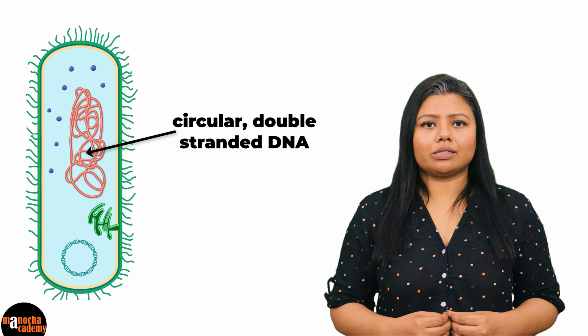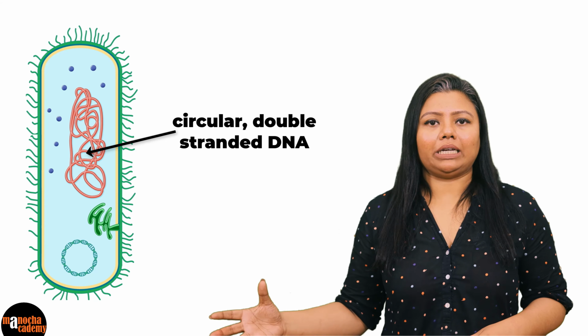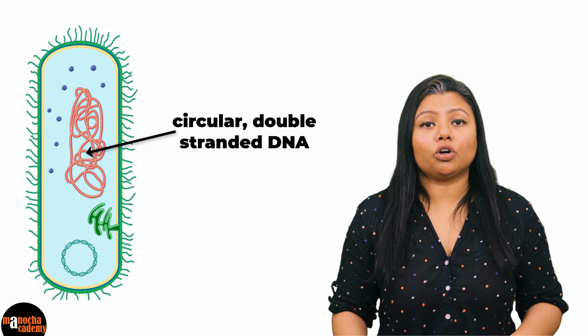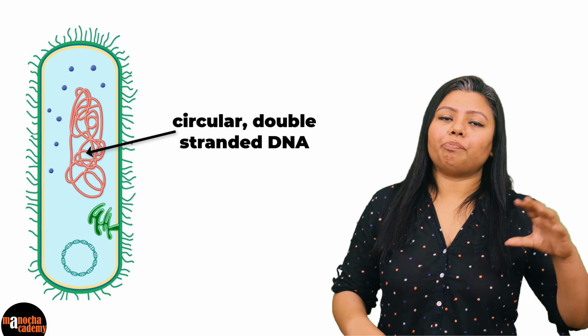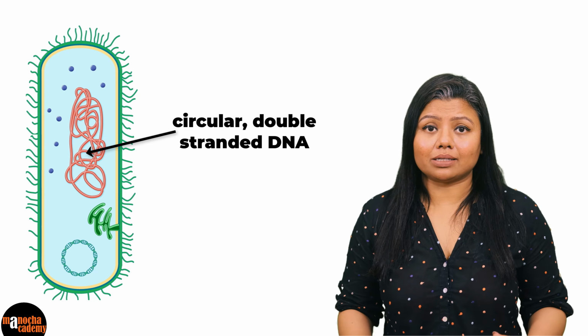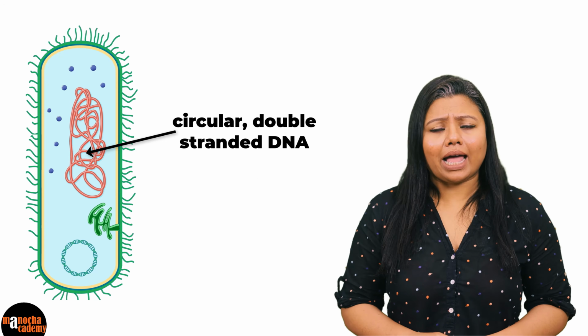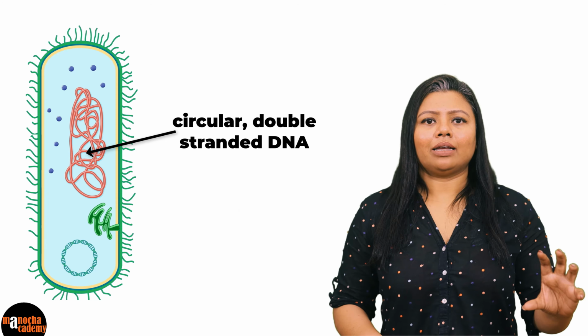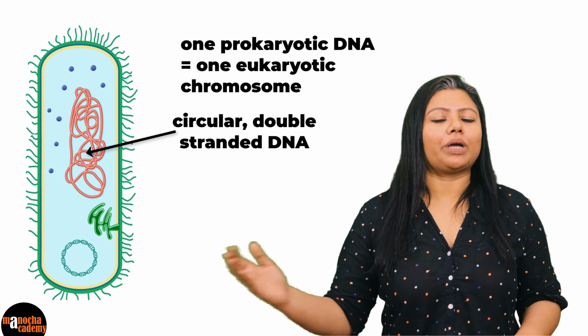In our cells, DNA always remains in association with proteins and forms a structure called chromatin or chromosomes. But in case of prokaryotic cells, this is not seen. The DNA is naked and the single DNA is equivalent to one chromosome that we see in eukaryotic cells.